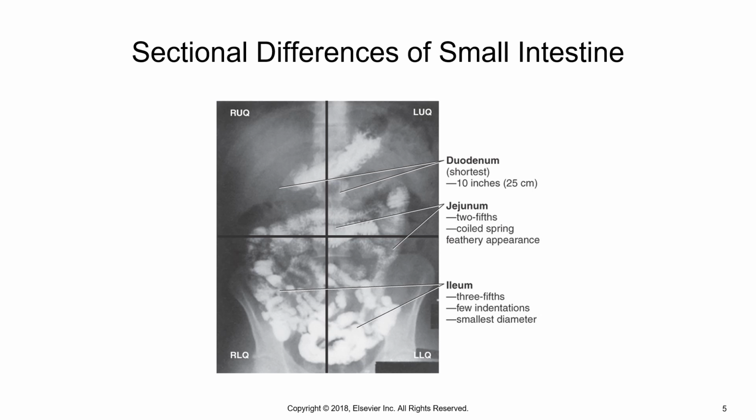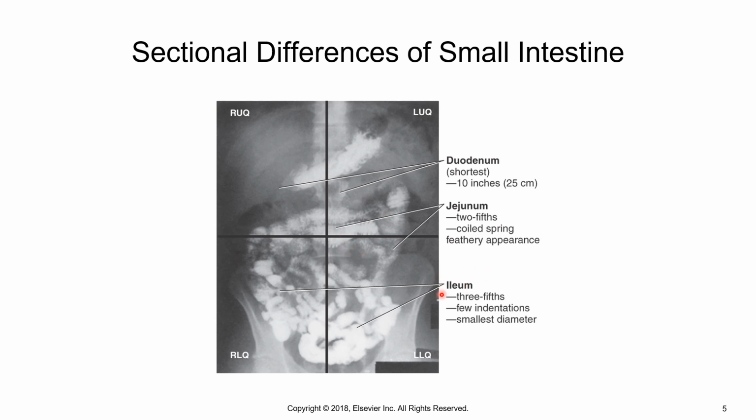Some of the differences between the small intestine, you can see in figure 13.5 on page 501. Like we said, the duodenum is the shortest but the widest segment, and it's approximately 25 inches in length. The jejunum makes up 2/5 of the small intestine, and it has a coiled spring or feathery appearance over here.